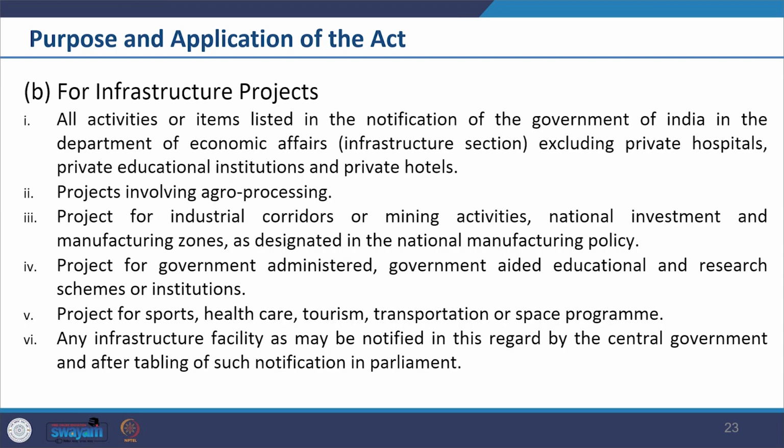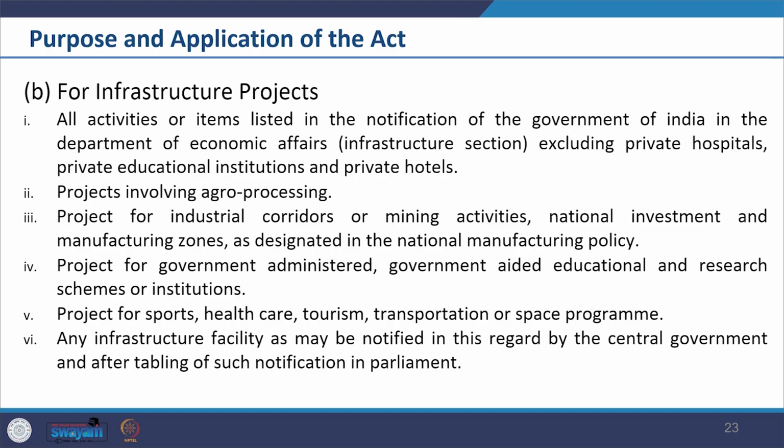Then you see the infrastructure projects, like all the list of activities, which includes infrastructure like hospitals, industrial corridors, mining activities, national investment and manufacturing zones. So all these would be included in the infrastructure projects.